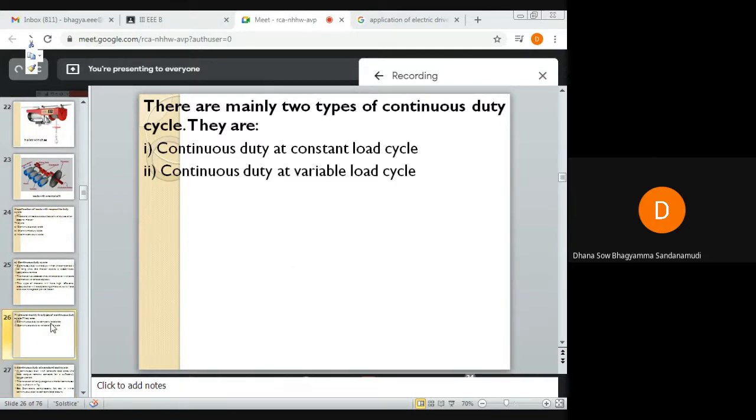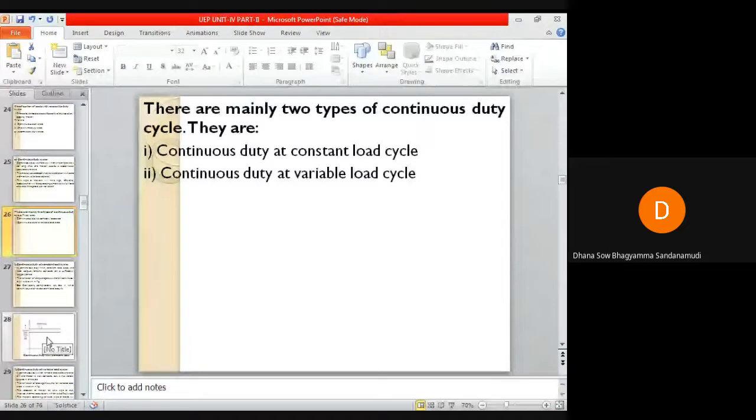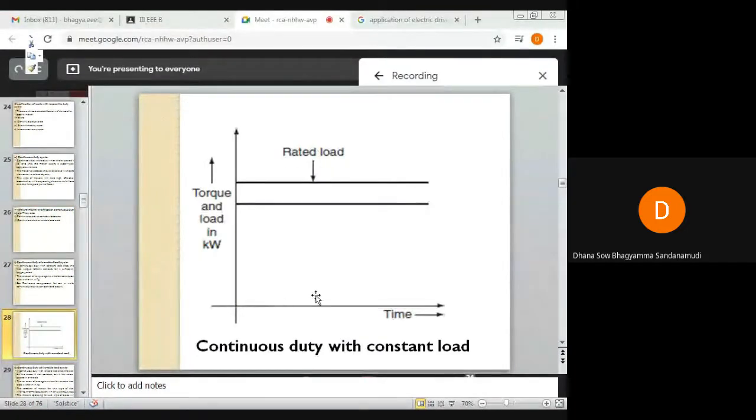You can represent it graphically. This is the torque of the load with respect to time. With respect to time, torque and load are almost constant.